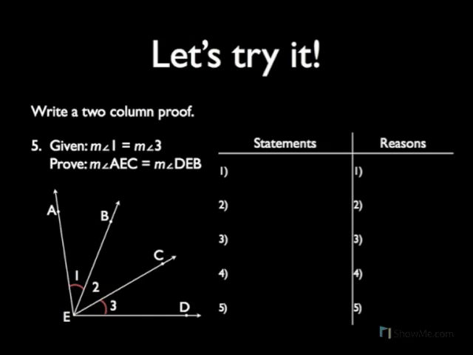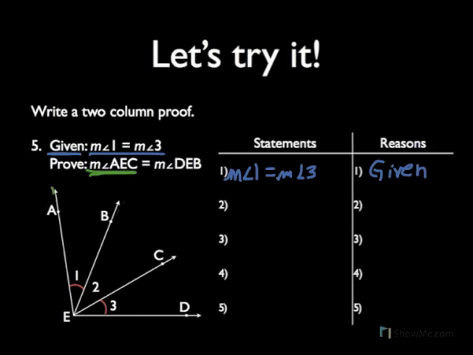Let's do that very proof that you saw on the previous slide. So let's start this exactly like it showed on the first slide. The measure of angle 1 has to equal the measure of angle 3. The reason for that is because it is given to us. Now, given can be a reason, prove cannot. Keep that in mind.